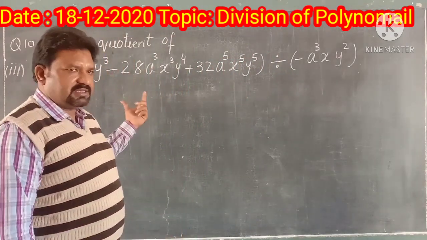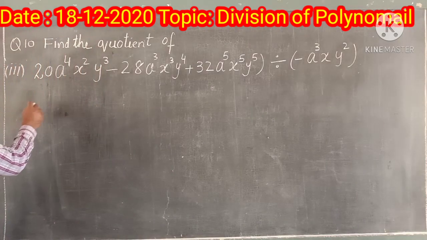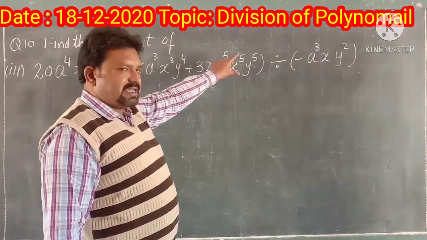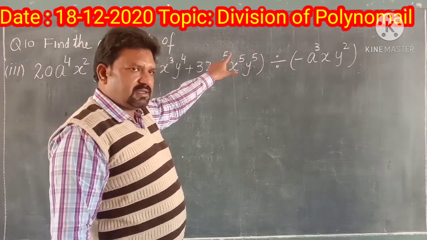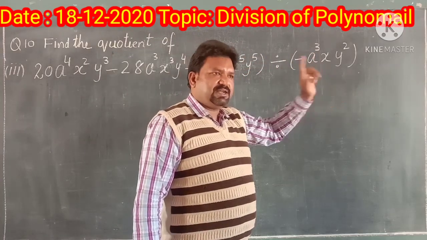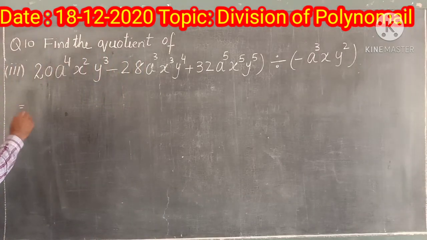So how we can solve it? In the first step, we will write the algebraic expression as a numerator and this term write as a denominator. So how we can write it?